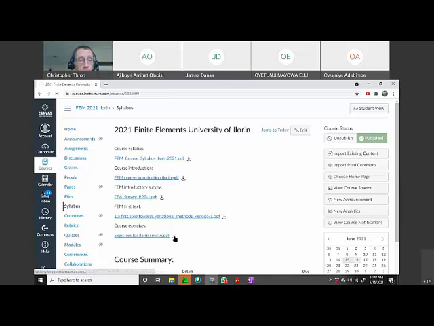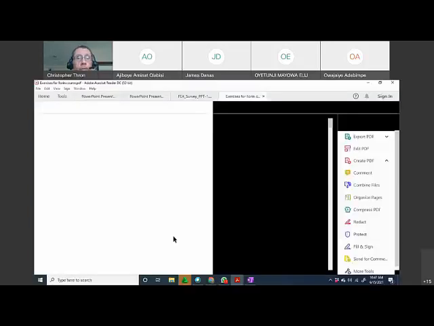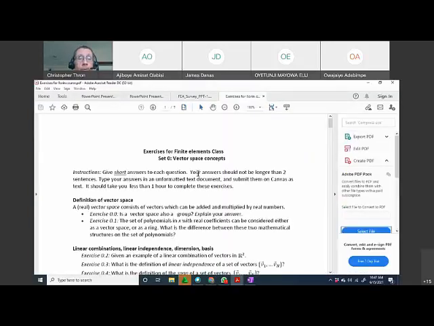So let me see if this download is going to work. Okay, all right. So my first set of exercises is vector space concepts. So I'd ask you also please to download the exercises from the Canvas page.